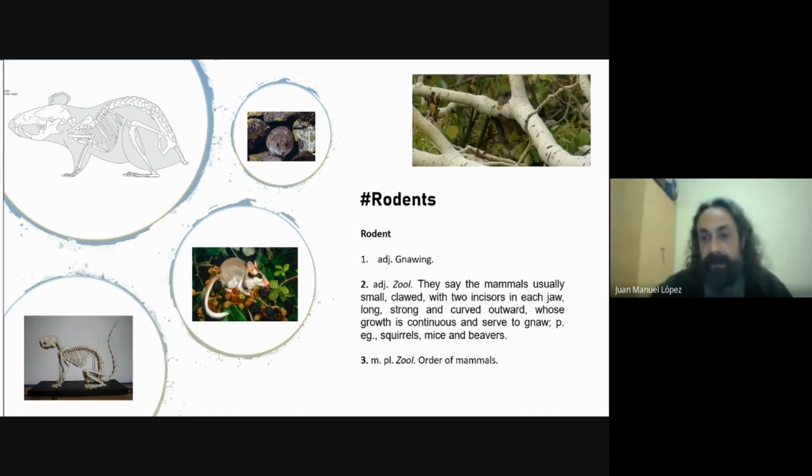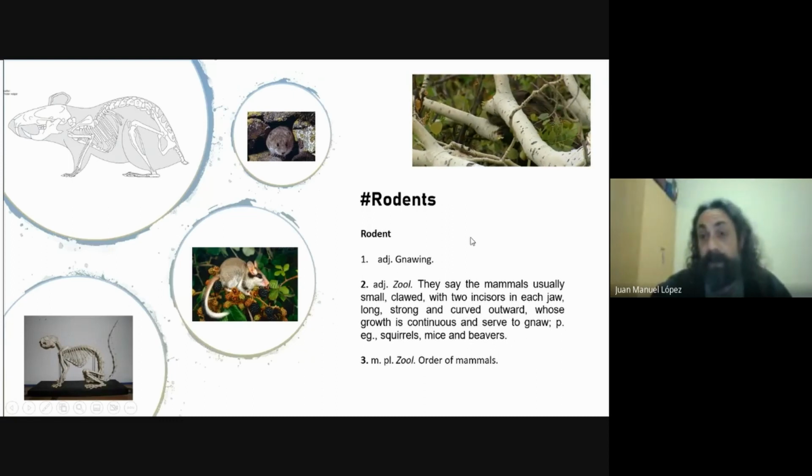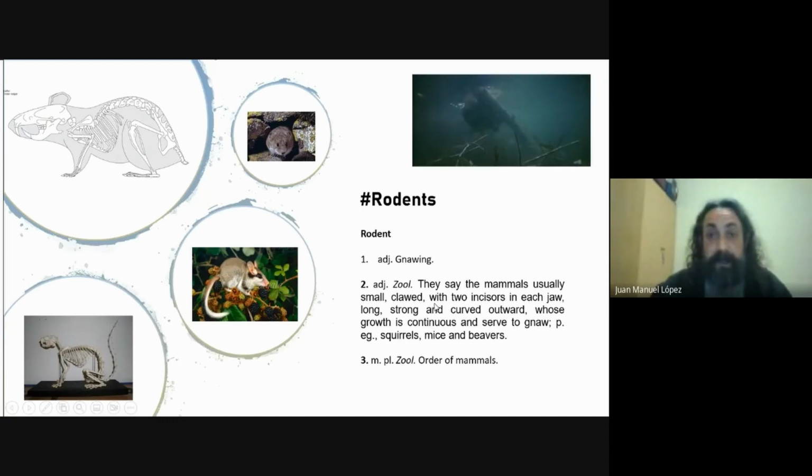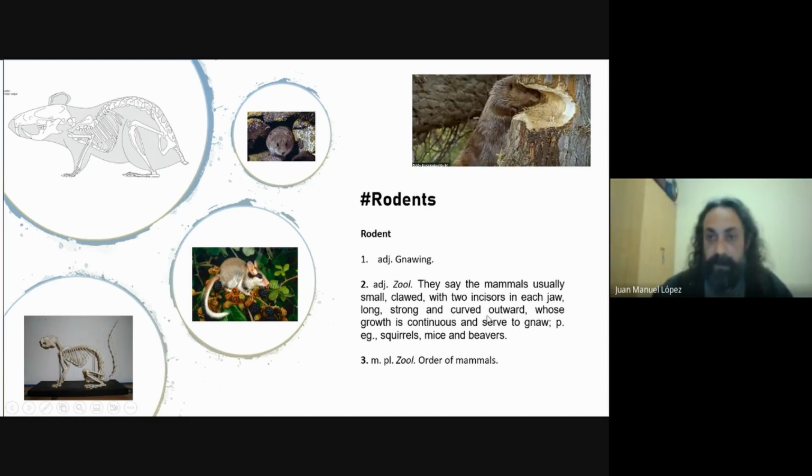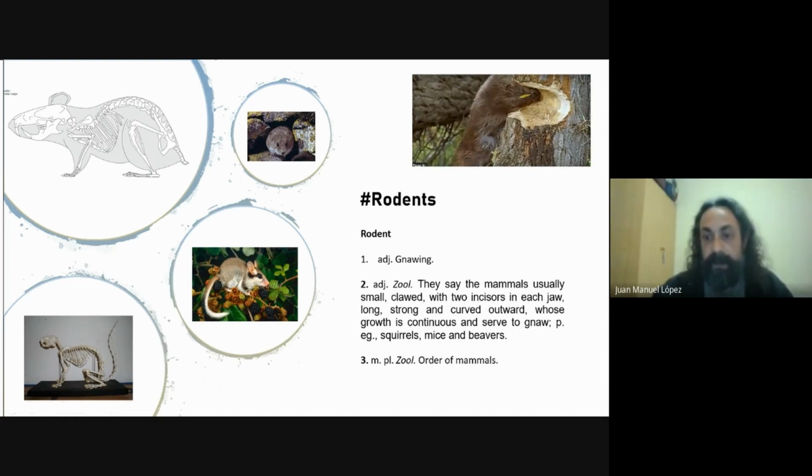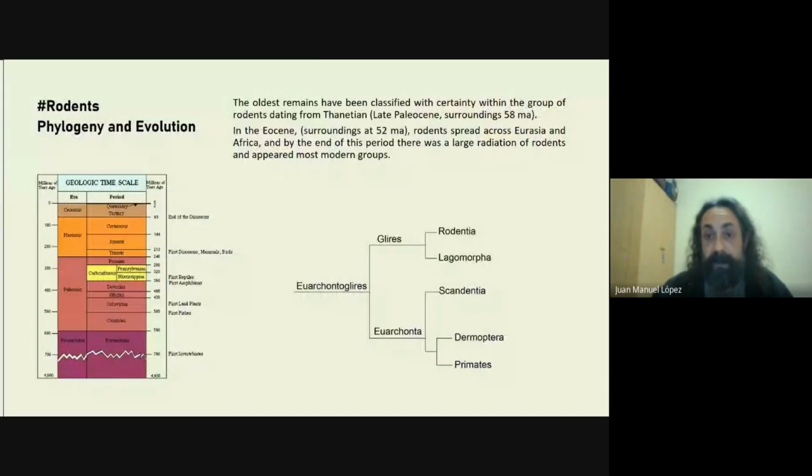And this is the definition: they have two incisors. The incisors in all rodent species normally have continuous growth. In other species, molars also have this.